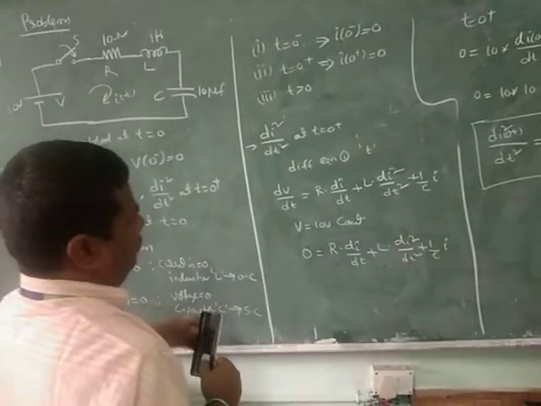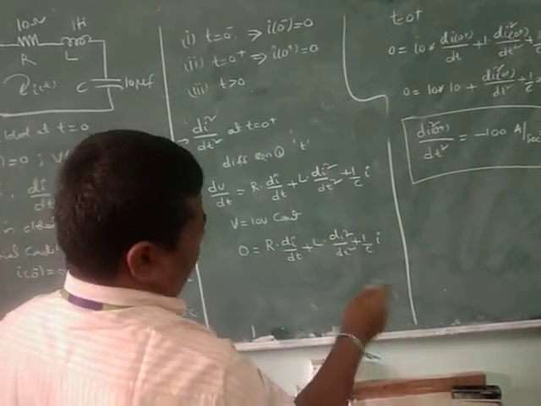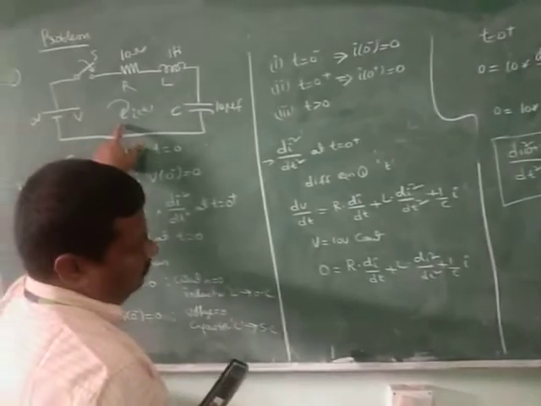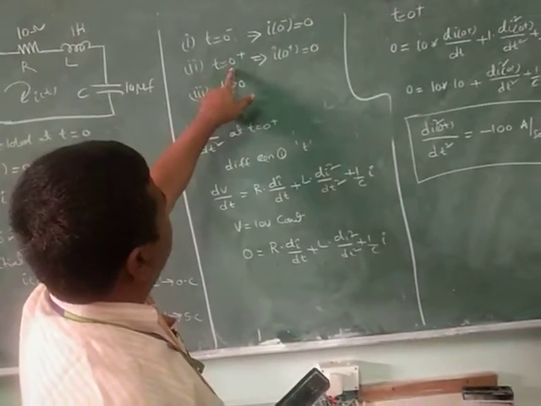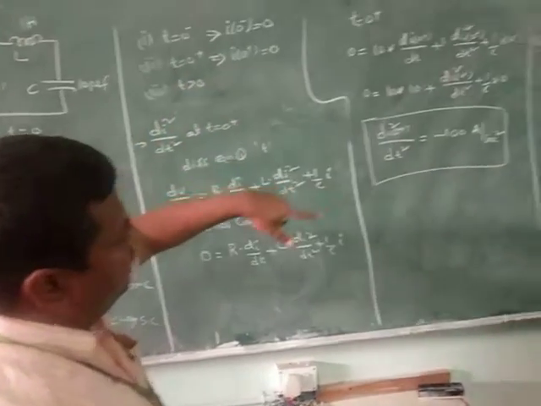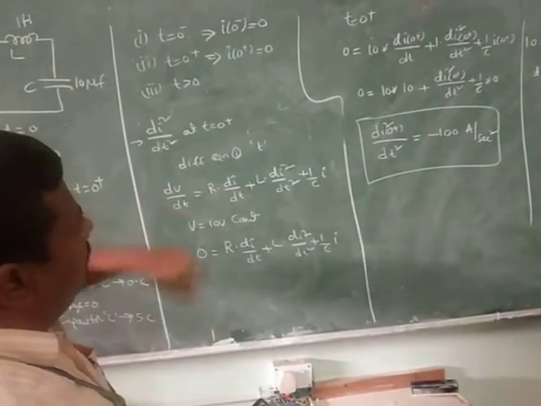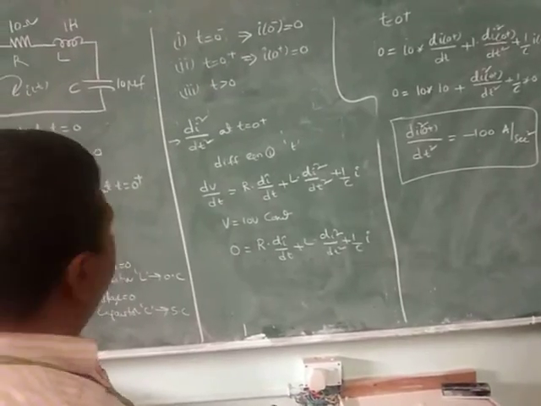And coming to the last one, t greater than 0, write down the KVL equation, then again substitute the t is equal to 0 plus condition. We find di(0+)/dt and d²i(0+)/dt².